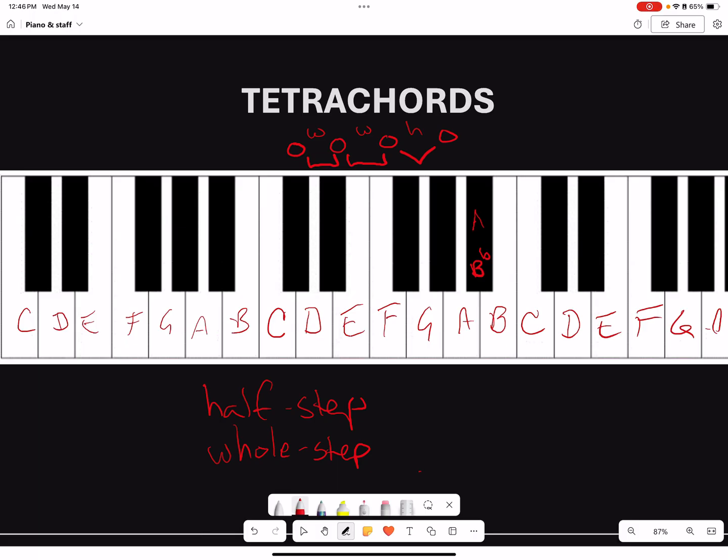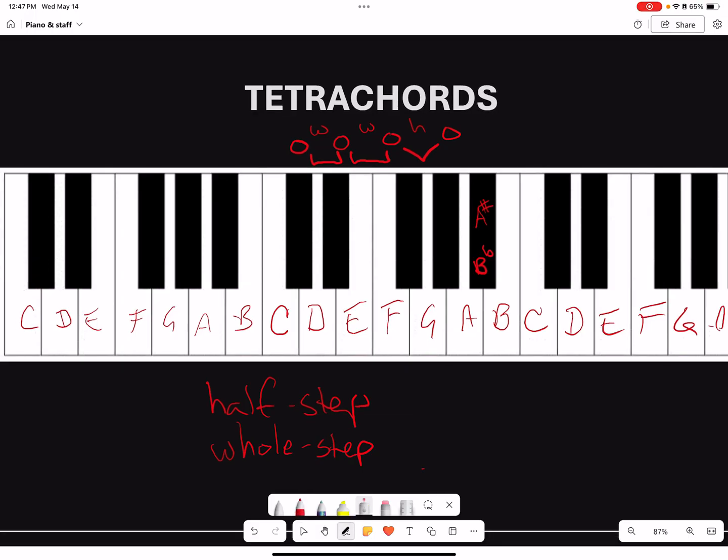It could be an A sharp, but we can't call it an A sharp because we just had an A natural. So we like B better, okay?